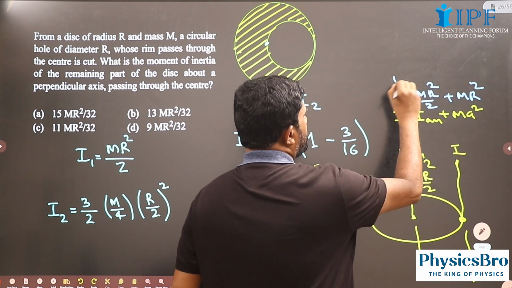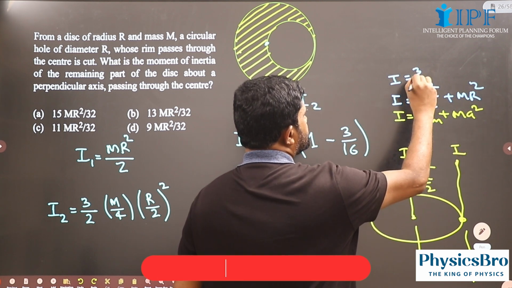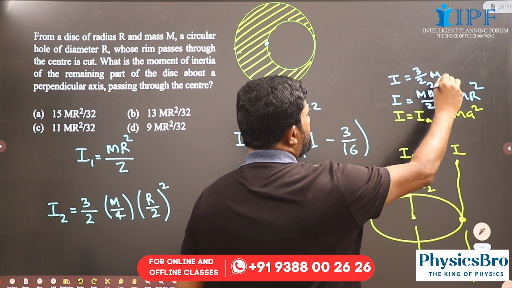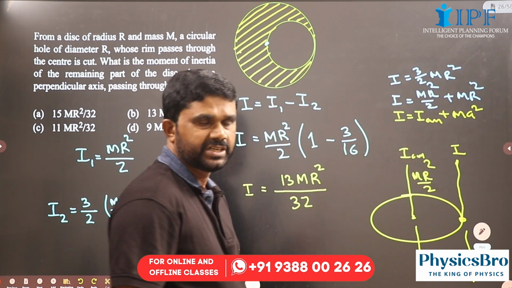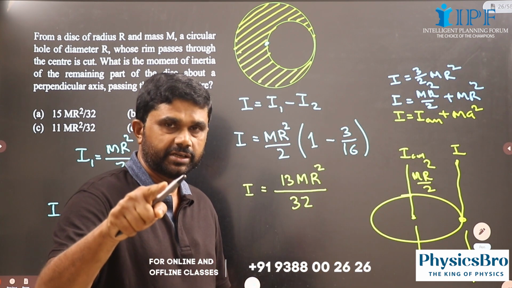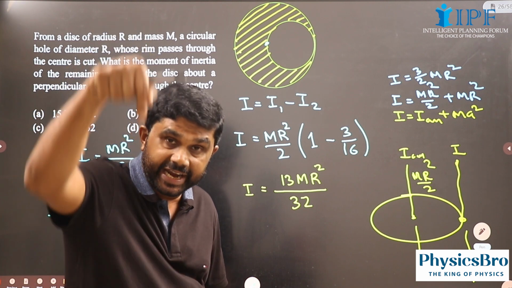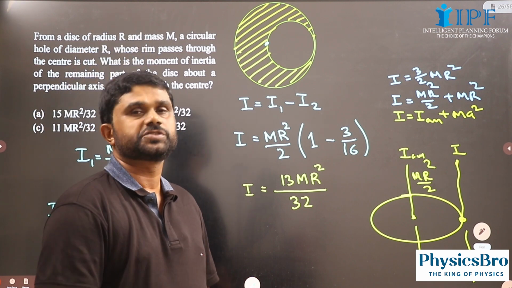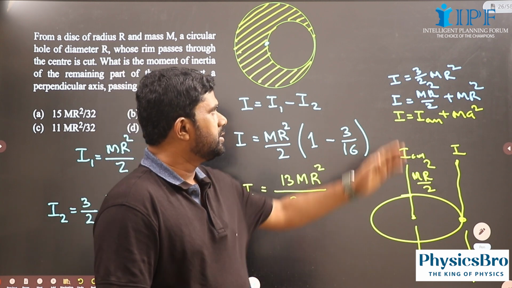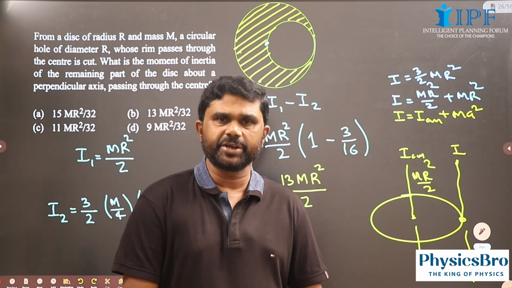So the moment of inertia about this axis will be 3 by 2 MR square. The moment of inertia of a disk about an axis passing through the rim, through the edge and normal to its plane, is 3 by 2 MR square.